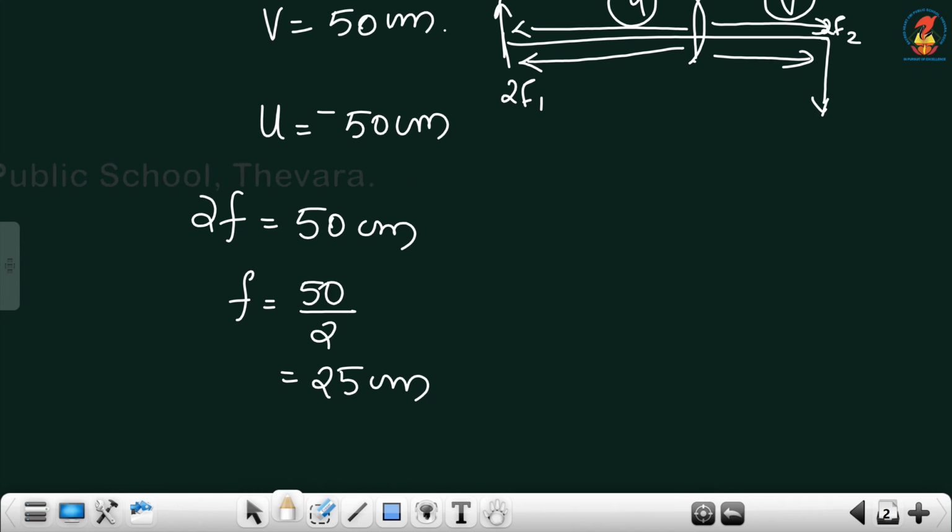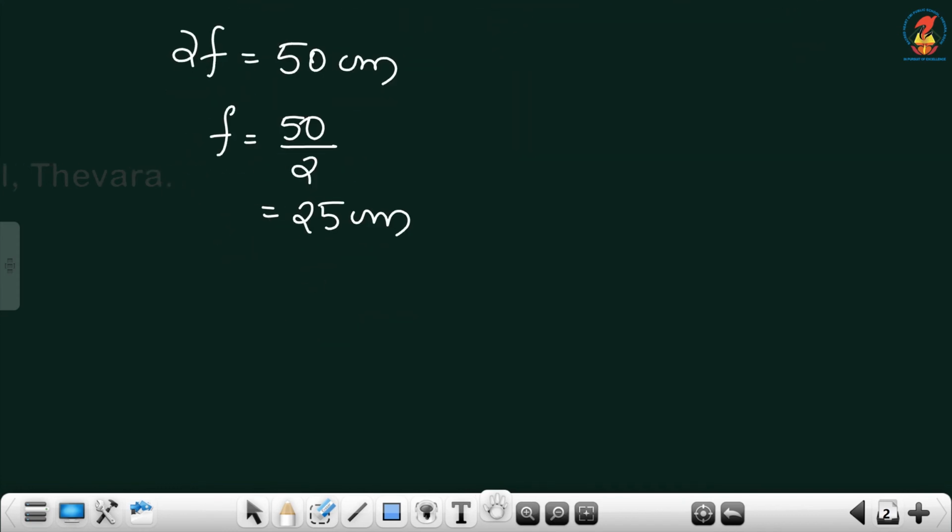25 centimeter. Now, how will you find the power? If focal length is given, P equal to 1 by f.